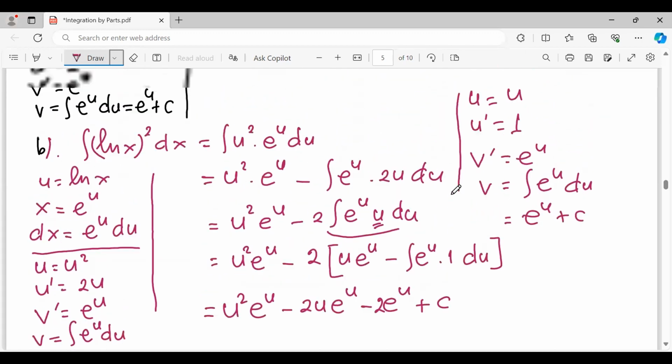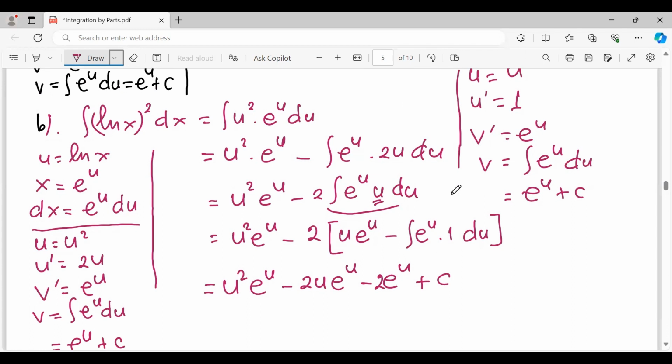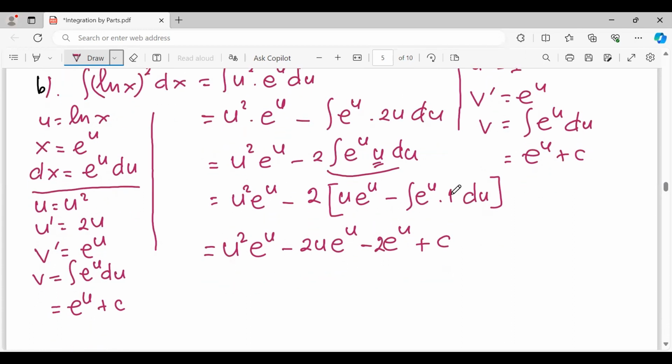Recall that here u is ln x, so u squared is ln x squared, and e power u is x. So ln x squared times x, minus 2 ln x times x, because e power u equals x, this one, minus 2x.